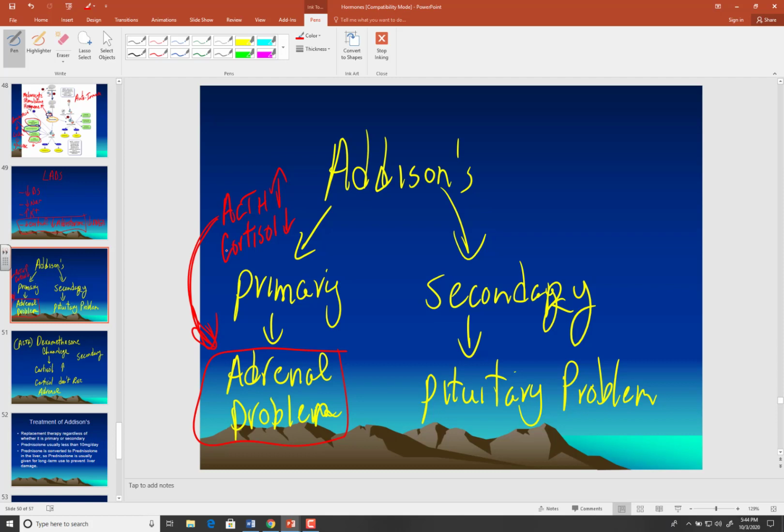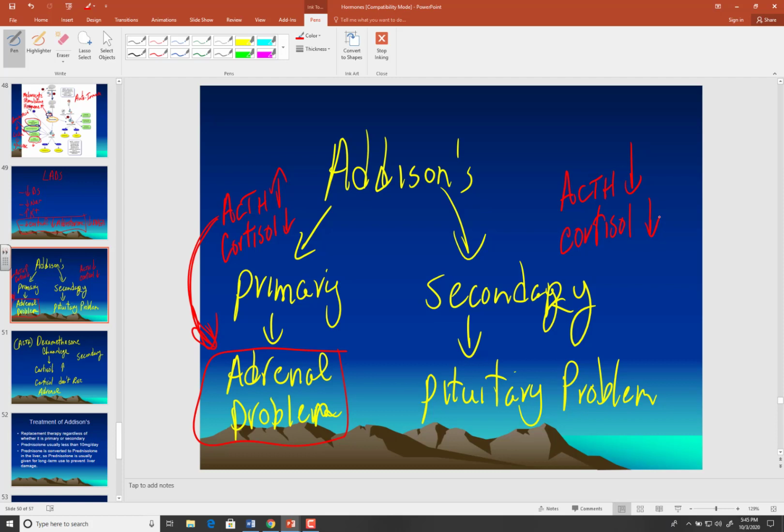Now, in secondary, where it's a pituitary problem, you're going to have low ACTH and low cortisol. So in order to get cortisol released from the adrenal cortex, there has to be a signal. What's the signal? ACTH. But if the pituitary is not releasing ACTH, then you know it's a pituitary problem.